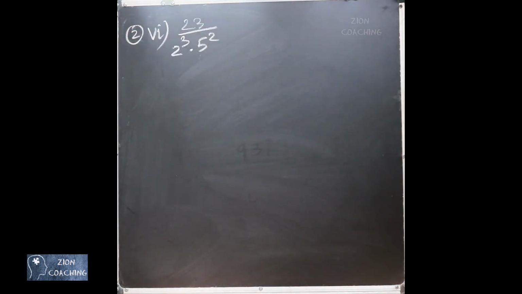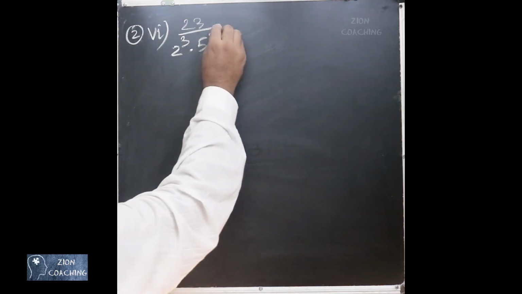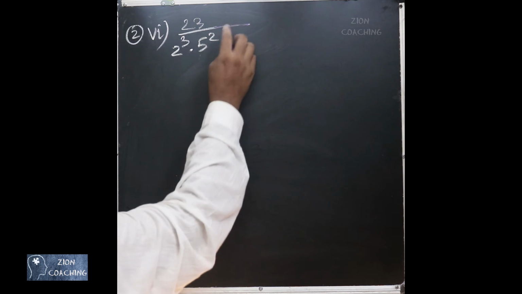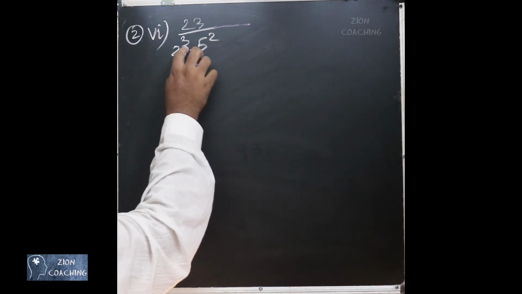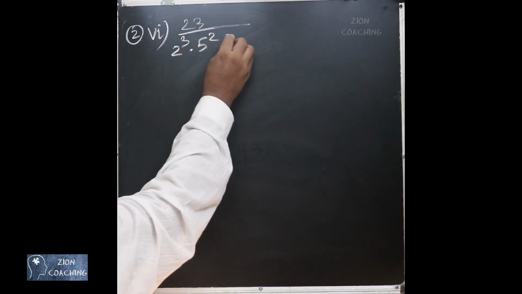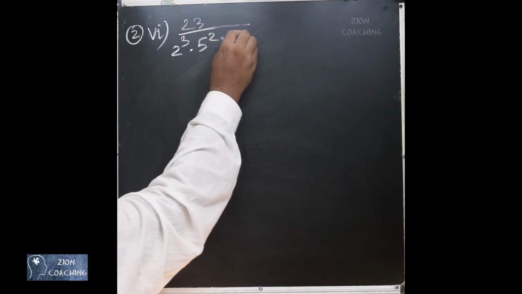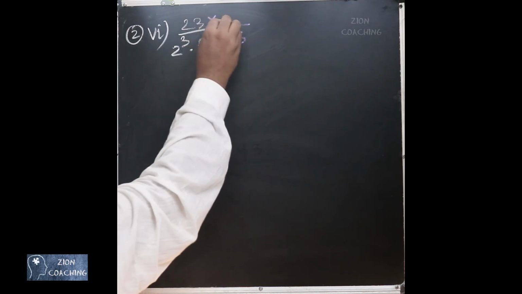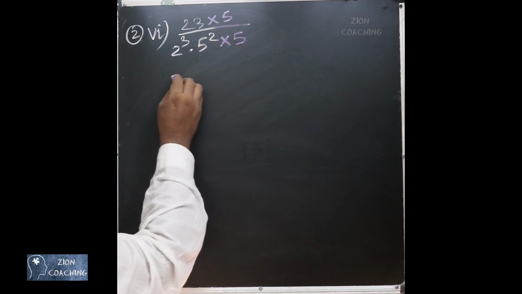Now the denominator is already factorized here. To make it 10 power something in the denominator, you can see that here it is 2 cube and here it is 5 squared. So you have to multiply by 5. Similarly, you multiply the numerator also by 5.